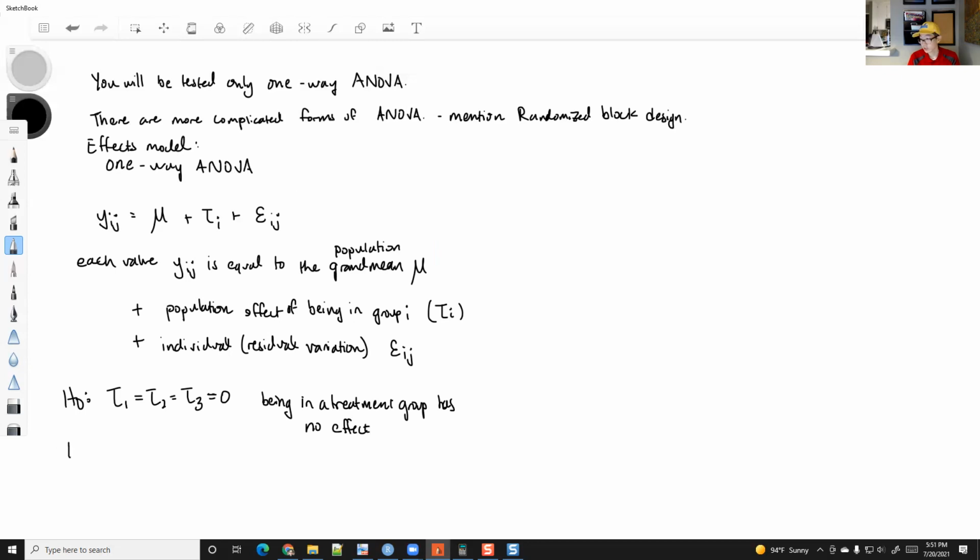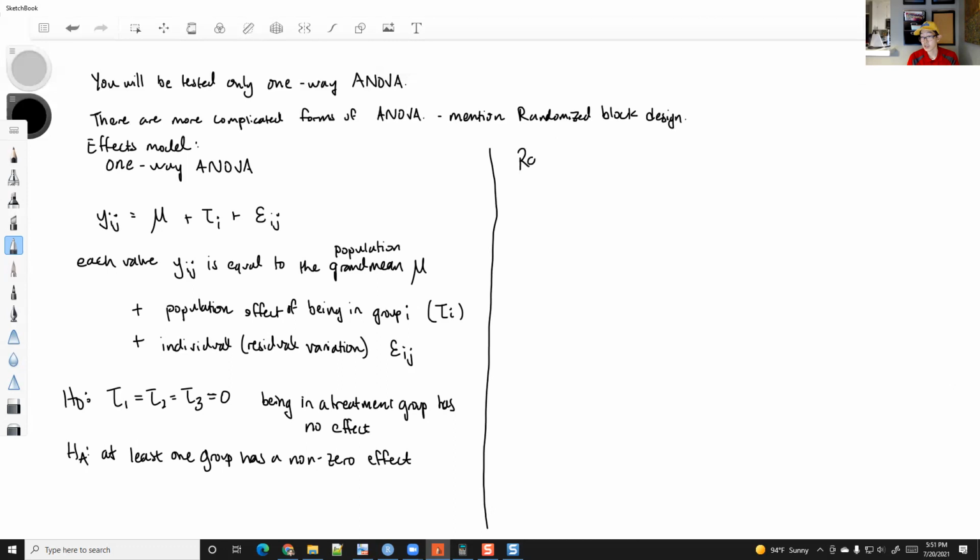And then the alternative is that at least one group has a non-zero effect. So that's the one-way ANOVA expressed in the effects model.